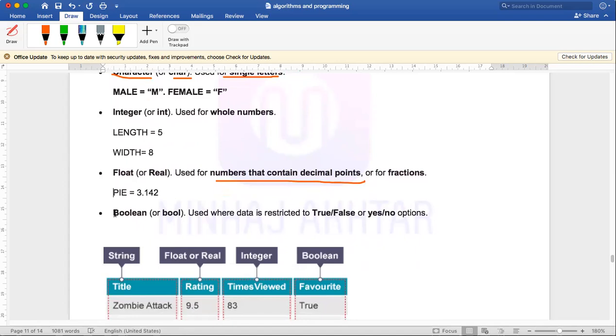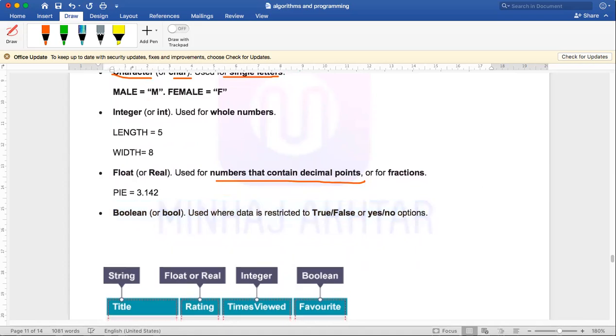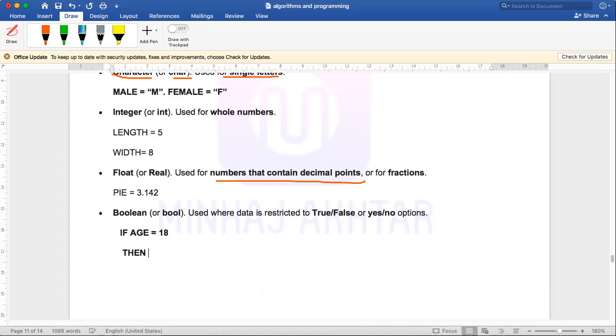Now, the next thing is Boolean. Boolean data type covers the condition which is either true or false. Likewise, in your program, if you have a condition like this: if age is equal to 18, then print you can drive, else print try next year.